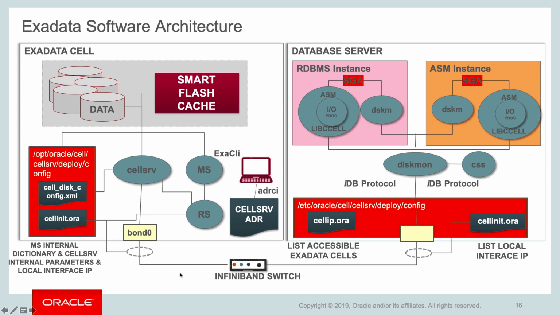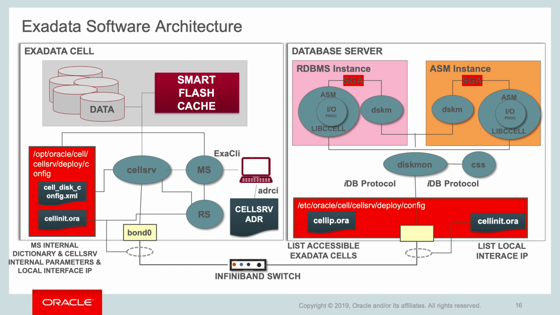The third one is the RS service, known as Restart Server, and it ensures the ongoing functioning of Exadata software and services. It monitors the heartbeat from the Management Server and the CELLSRV processes. If the processes fail to respond within the allowable heartbeat period, the services are restarted and a notification is sent to the user.